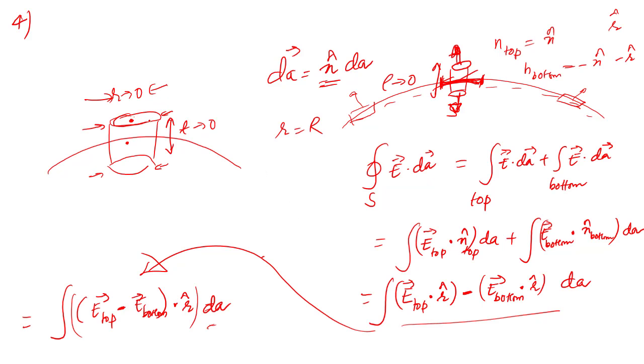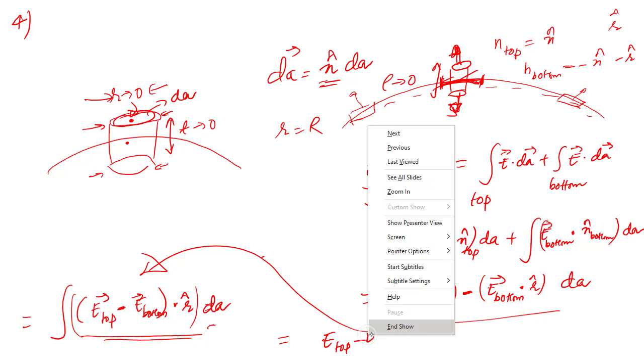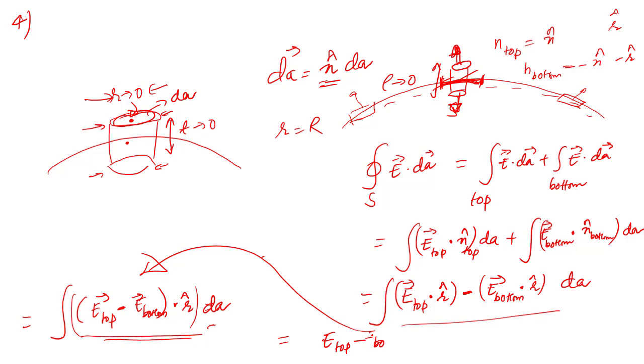If I make it down to a small area of dA, then I can replace the integrand for that tiny area with E top minus E bottom dot r times dA.